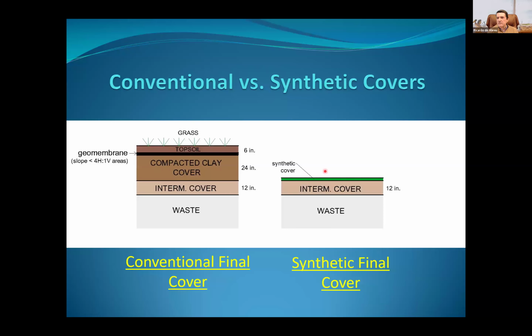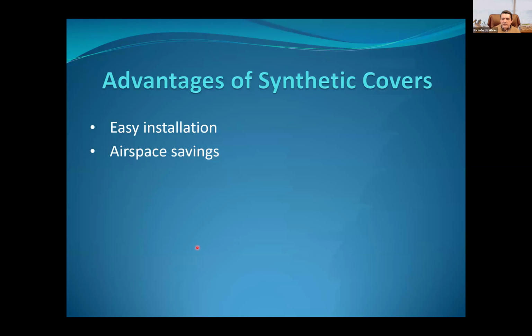What you can see here immediately is you have 30 inches, about 90 centimeters, of extra space that we could use. So let's discuss this a little more in detail. Some of the advantages of synthetic covers is installation.